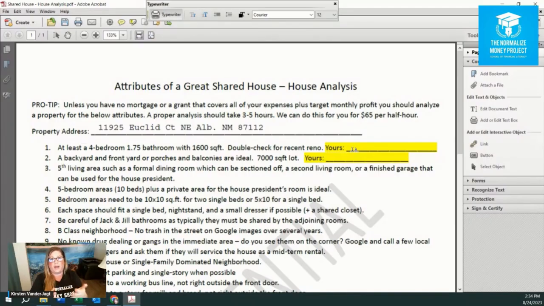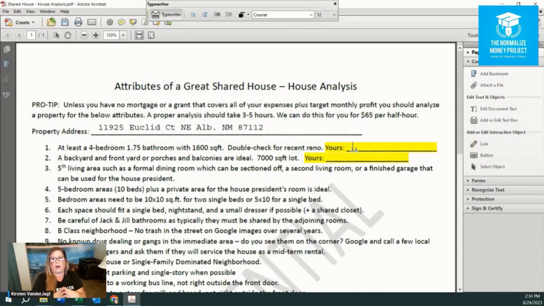So if you ask somebody else to look at a property address for you, make sure you share these recent renovations, because it could look like a 3-bedroom, 2-bath, and then we find out it's maybe a 5-bedroom, 3-bath now. The number of bedrooms is really important, so that you can make more money.